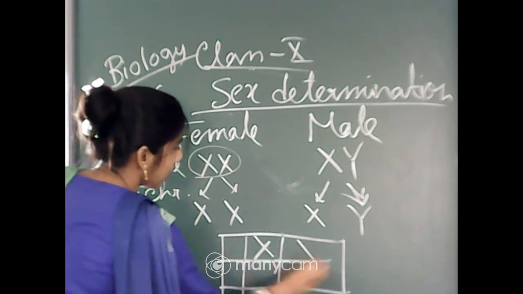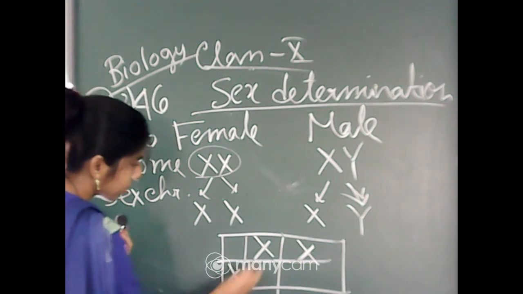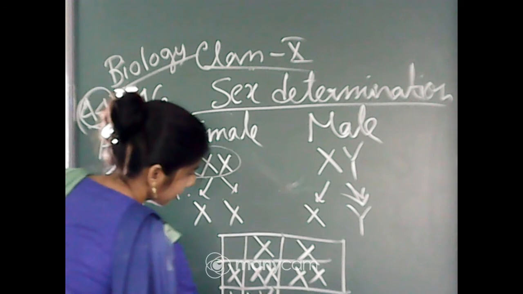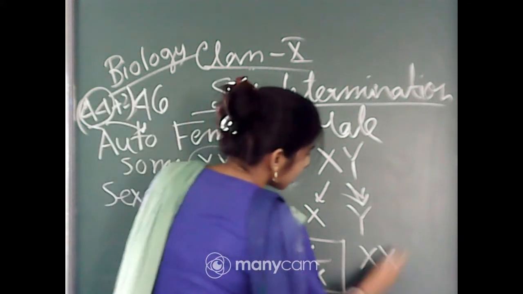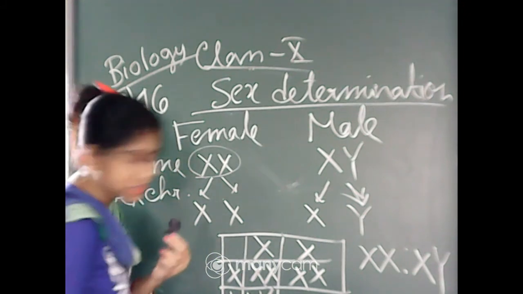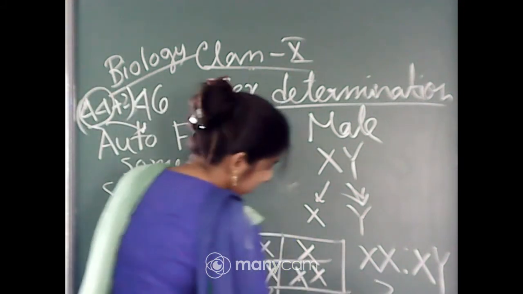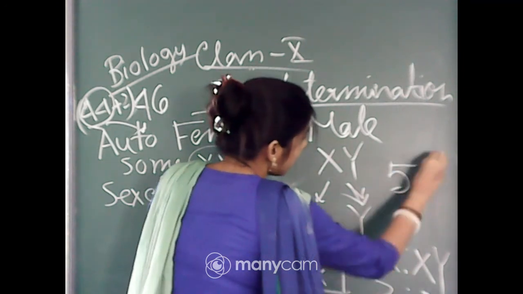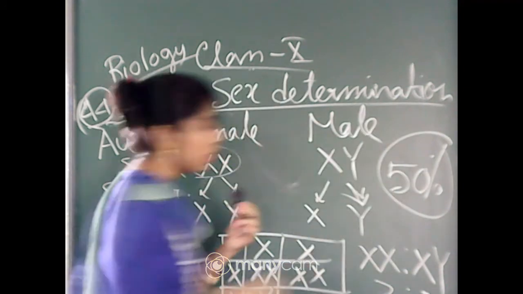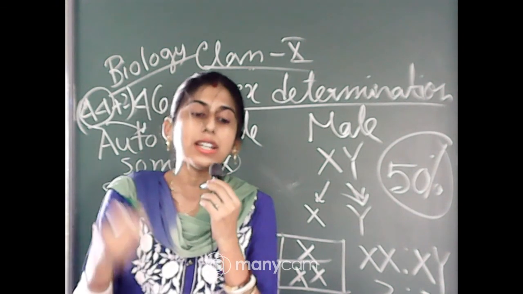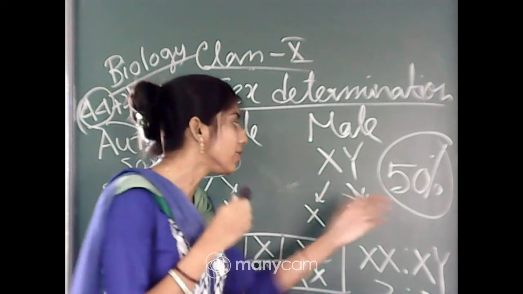We write the female gametes and male gametes here. So what will we get? What are the chances of having XX genotype? You can say that is 2, and XY 2. So 1:1, the chances are 50%. Having a male child or female child is totally a chance factor, and the chances are equal.